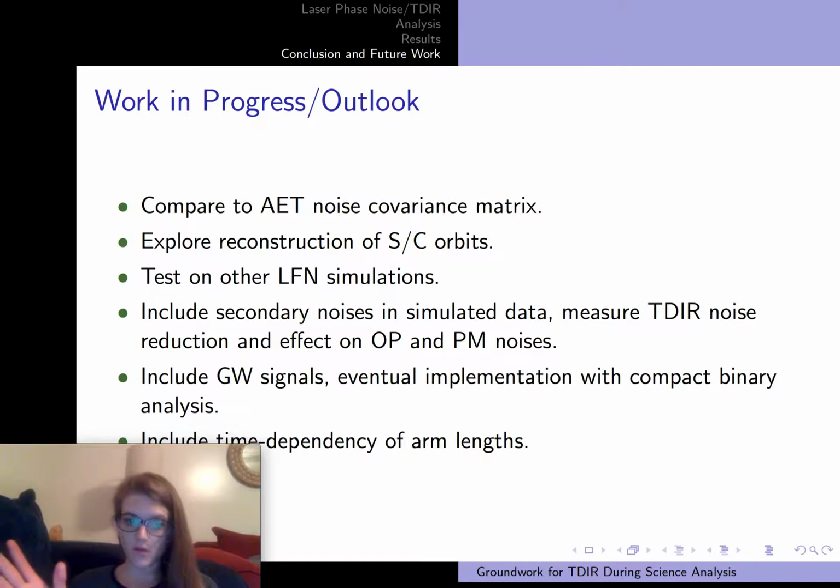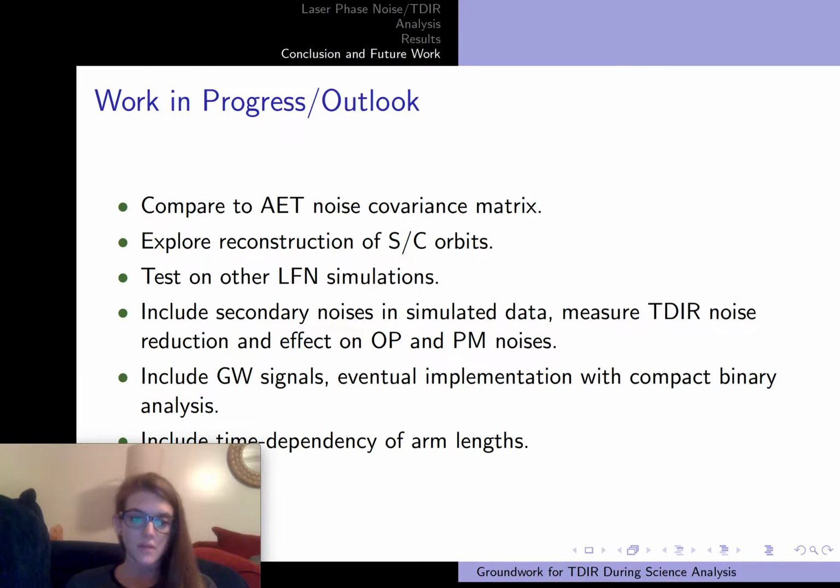And then the ultimate goal is to include this analysis alongside of measuring gravitational wave signals. We do plan on implementing this into a compact binary analysis algorithm, GBM-CMC, and this will be important because the arm lengths are included in the waveforms.